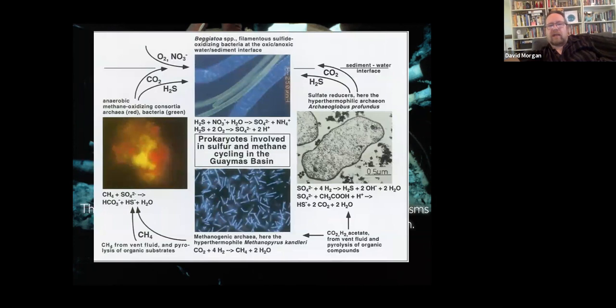This is just a diagram showing a typical cycle of chemical processes from methanogenic organisms that release methane that's then metabolized along with hydrogen sulfide by bacteria.